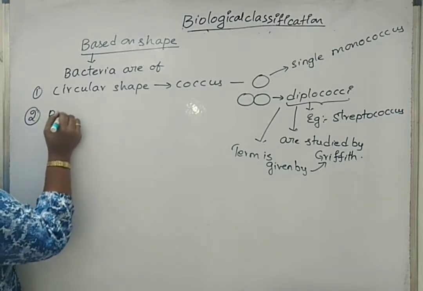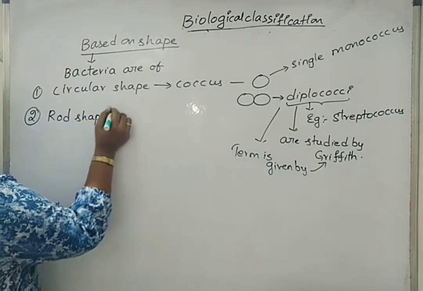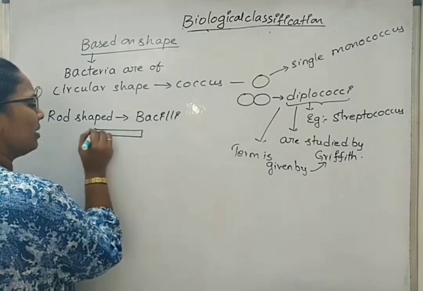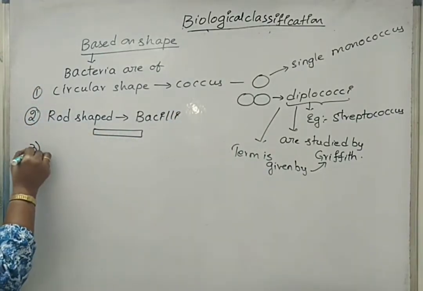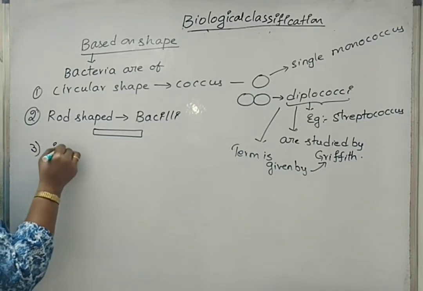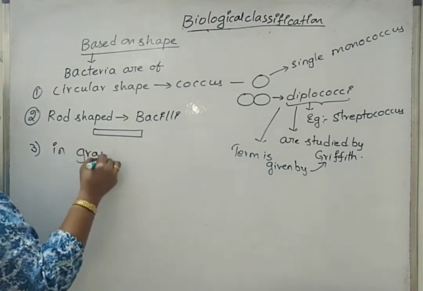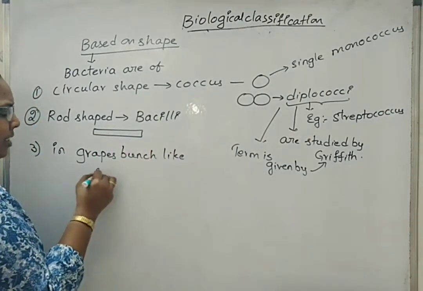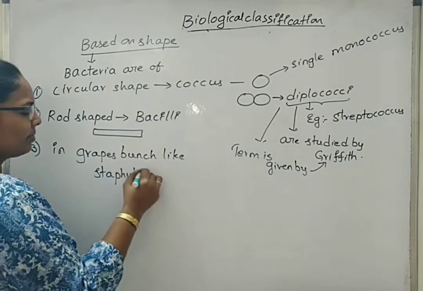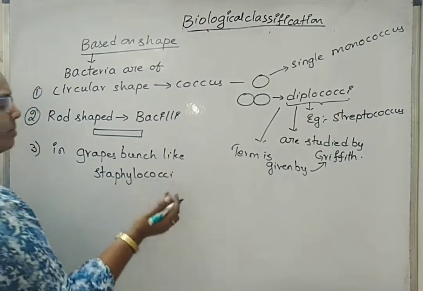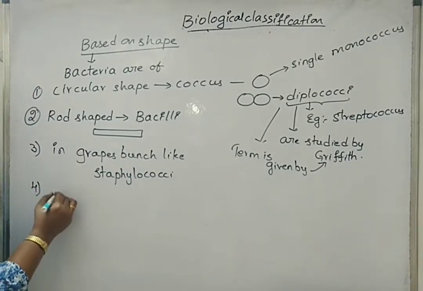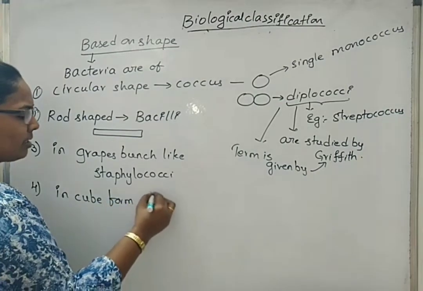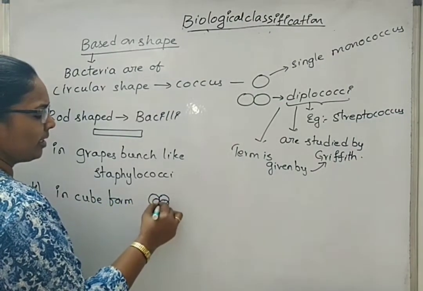Second one, rod shaped, is called bacilli. Third one, bacteria in grape bunch like form are called staphylococci. Next, in cube form, bacteria always exist in a cube form.